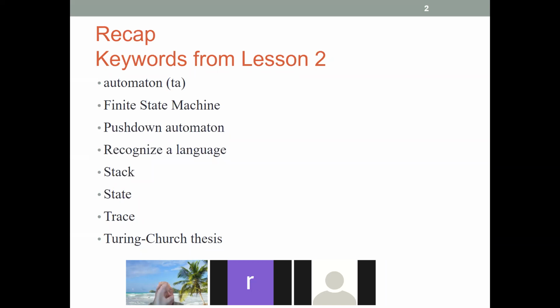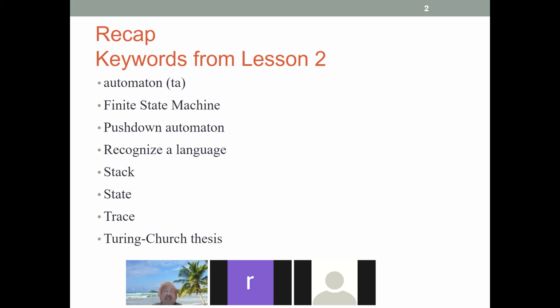When you have an acceptor for a language, that means you're given a string and you have your acceptor. I don't know what it's built out of, but this machine, this algorithm, accepts some language L. That means whenever you're given a string omega, I like omega, I told you that, the acceptor can say yes if the string is in the language, and it can say no when the string is not in the language.